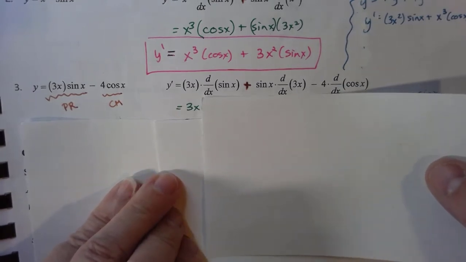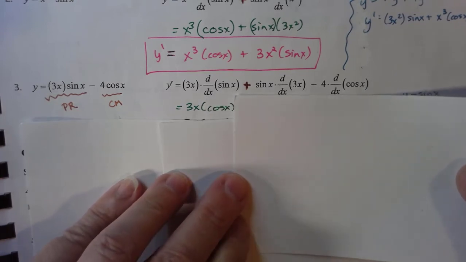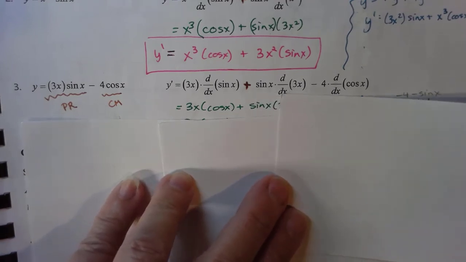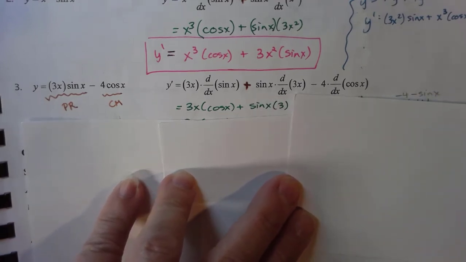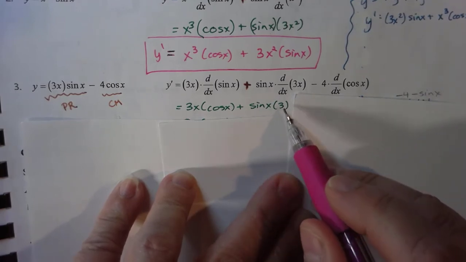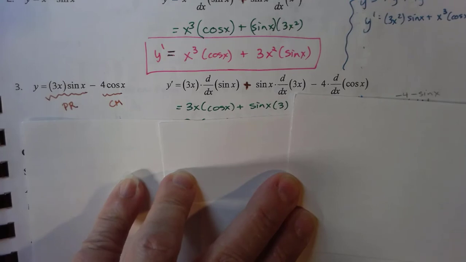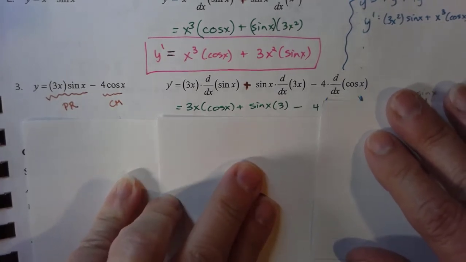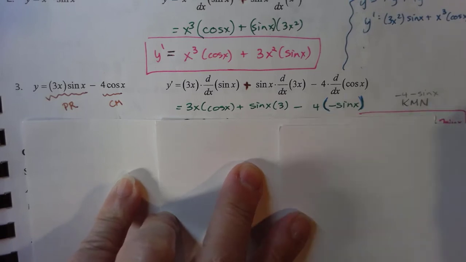So we have 3x times cosine of x, that's the derivative of sine, plus sine of x times 3. I want to be very careful about this because this does not become 3x. It's 3 sine x. Minus 4 times, and the derivative of cosine is a negative sine.